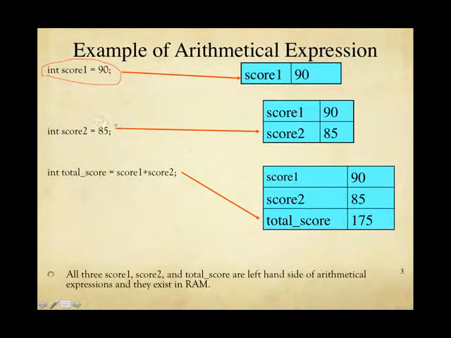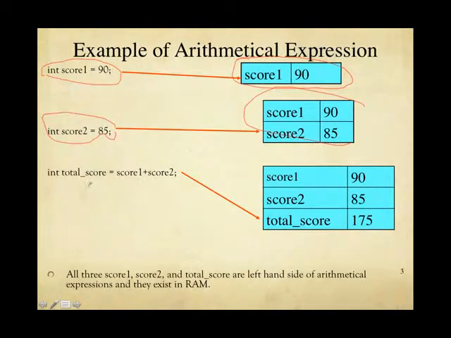If I define score2 equal to 85, int type, then score2 is also an arithmetical expression. Each time we are showing the map of the RAM in the program up to that point. So the map in the RAM when score1 is declared is like this. The map in the RAM when score2 is declared is like this.